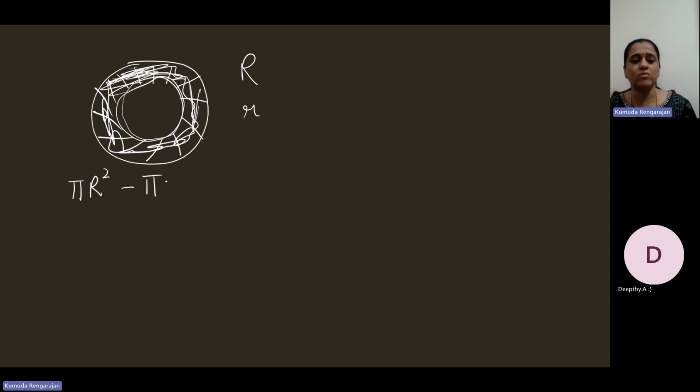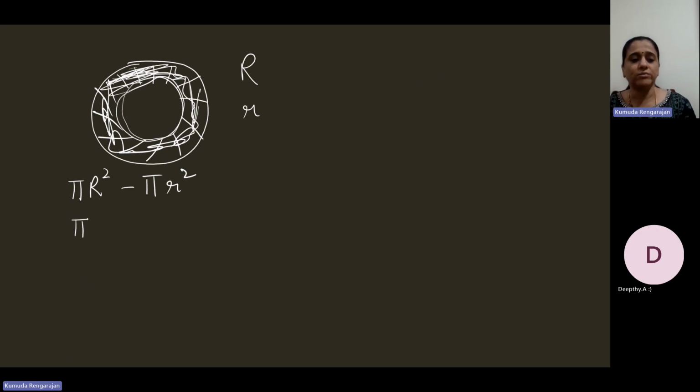So area of this region will be area of the outer circle. So let's take the radius of the outer circle as capital R and inner circle as small r. All right. So the area of this shaded region will be area of the outer circle, pi capital R square, minus the area of the inner circle, pi small r square.